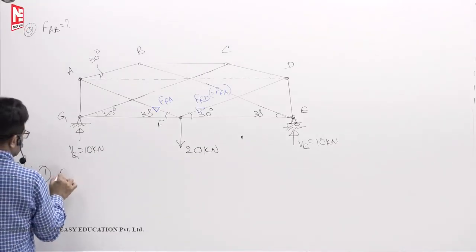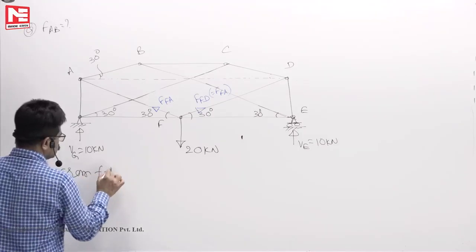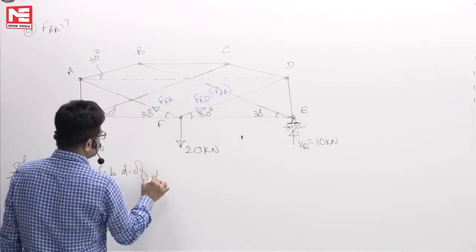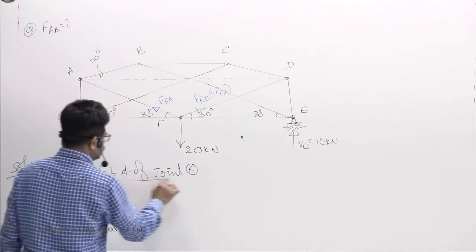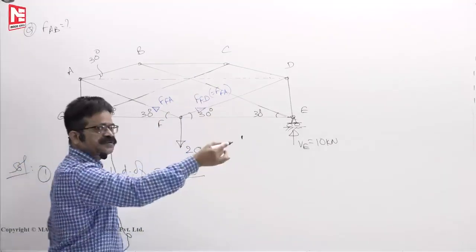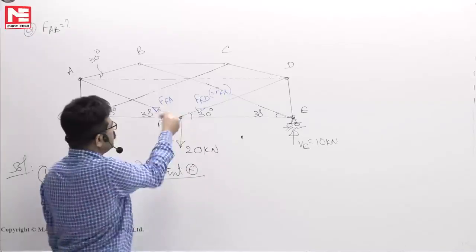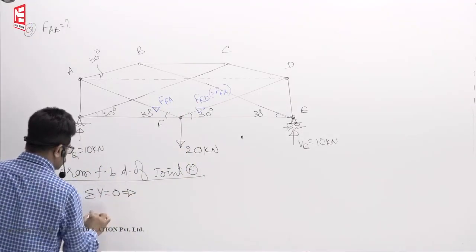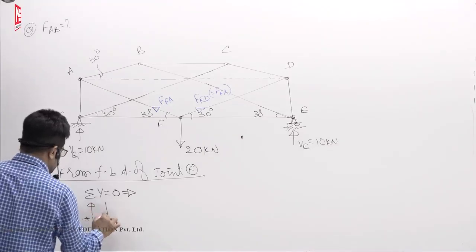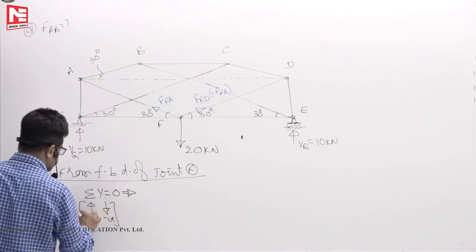The first point is from the free body diagram of joint F. This much is enough. Again, same thing, we don't have to write in the rough work and waste the time. It's visible here. You write now sigma y is equal to 0. Upward force is positive, downward force is negative.